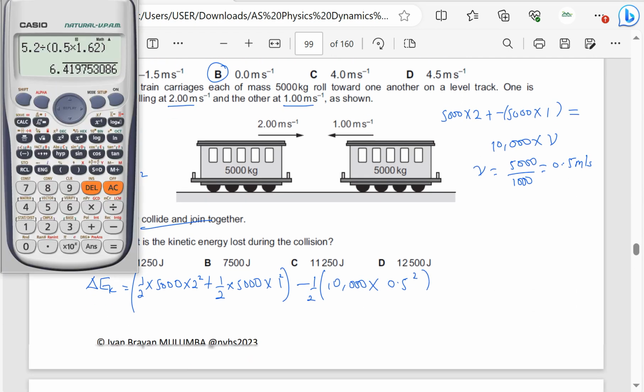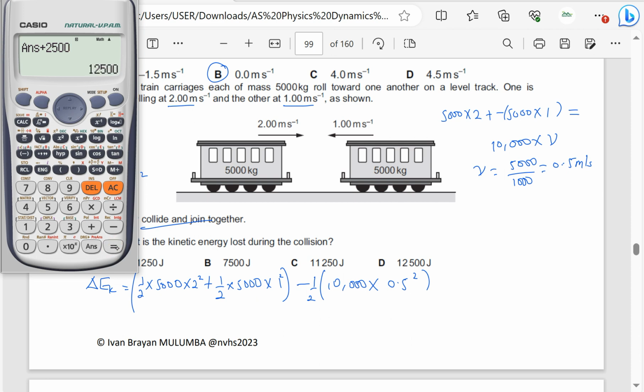So I'm just going to check my calculator. 0.5 for a half times 5,000 times 2 squared plus, of course, a half of 5,000 is 2,500.